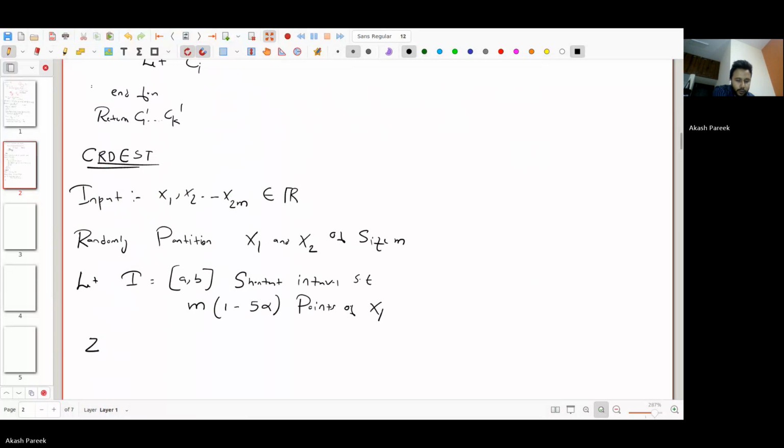Then you find the points of X2 that intersect with this interval, you denote these points as a set S, and then you return the average of all the points which belong to S.